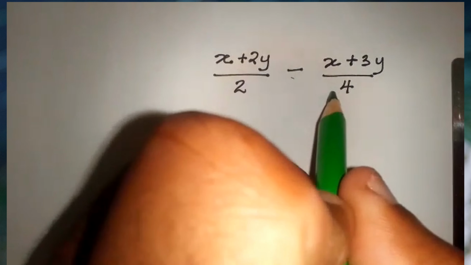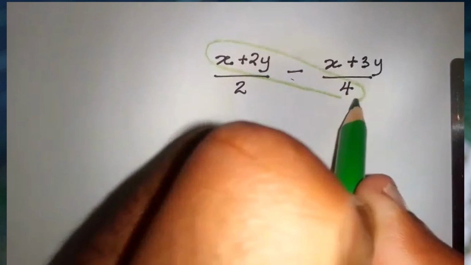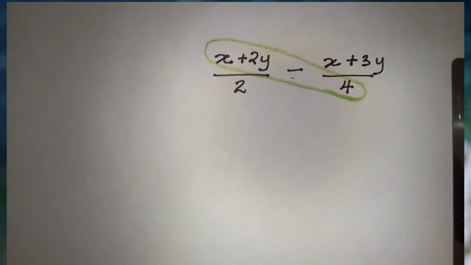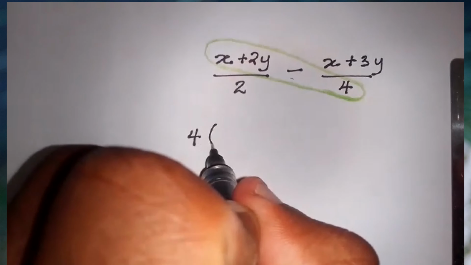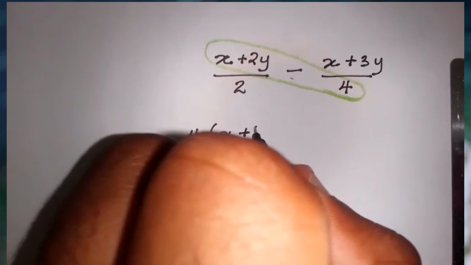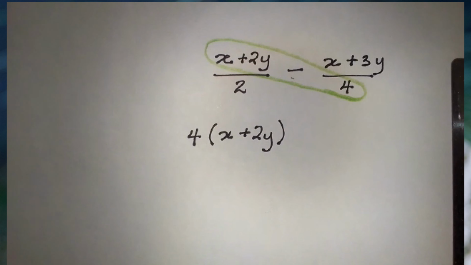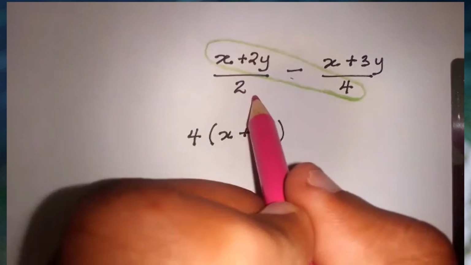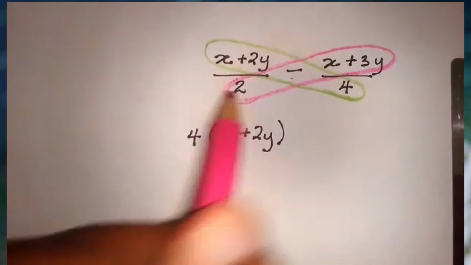So that means multiplying x plus 2y with 4. I'm taking my time. So I'm going to have 4 times x plus 2y. And I'm going to have on the other side 2 times x plus 3y.